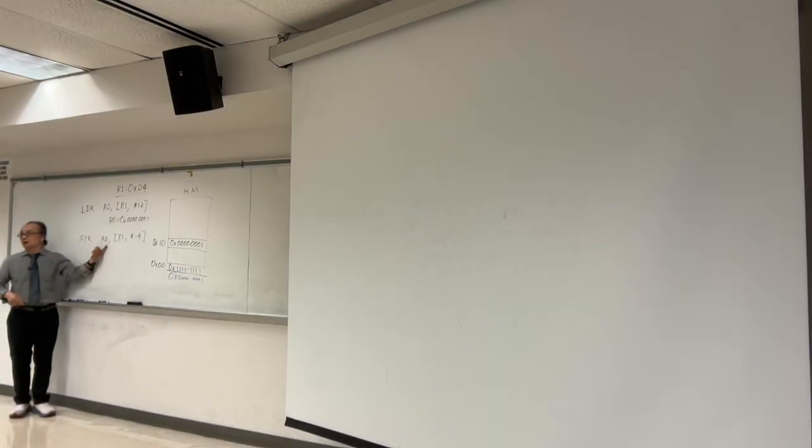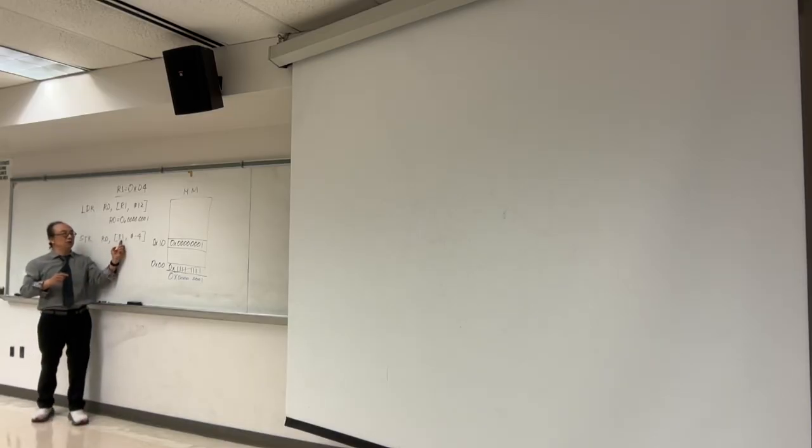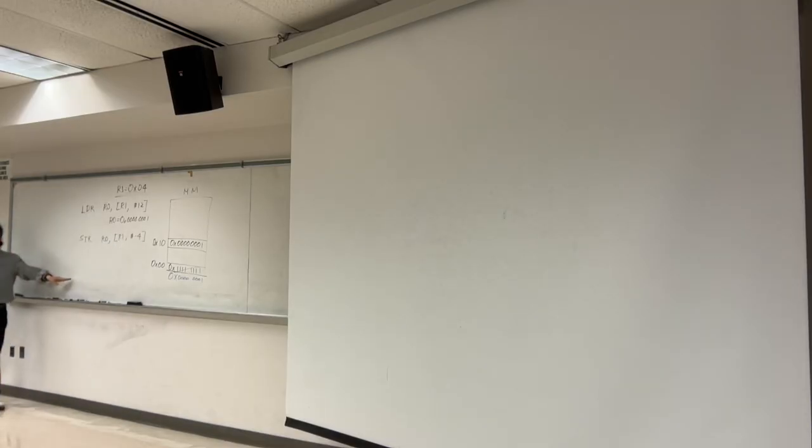So STR is the only instruction, I said only for now, later we have some other exceptions, where the first register is the source register. Read the content of R0, store into main memory where the contents of R1 plus this offset. Any questions?